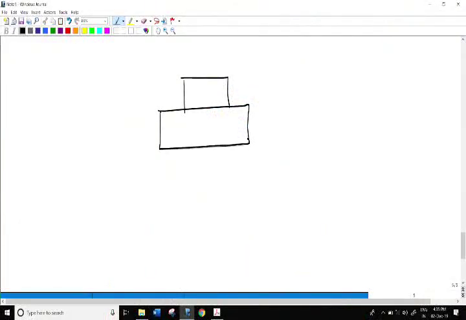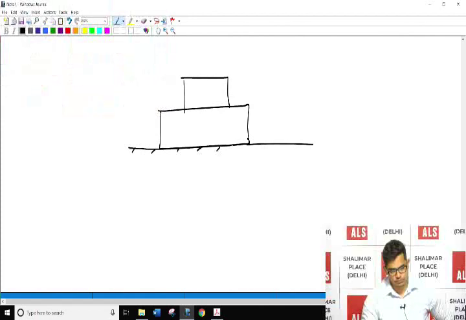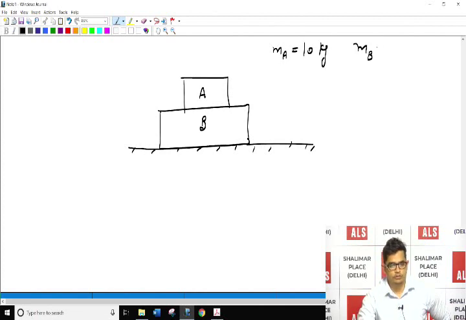So we again have two blocks. This is A, this is B. Mass of A is equals to 10 kilograms. Mass of B is 15 kilograms.